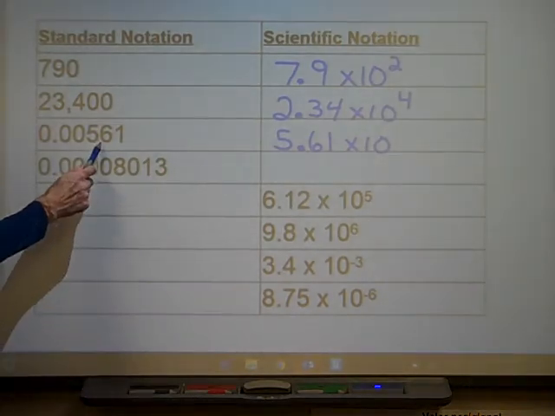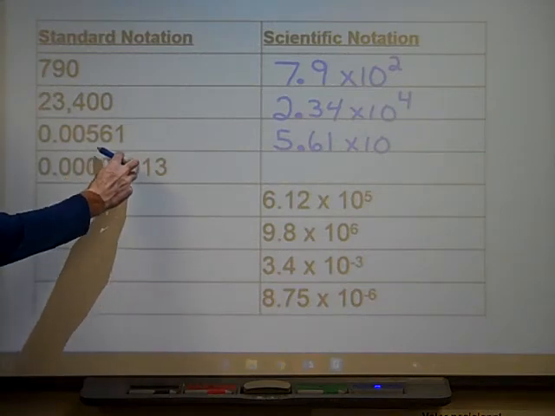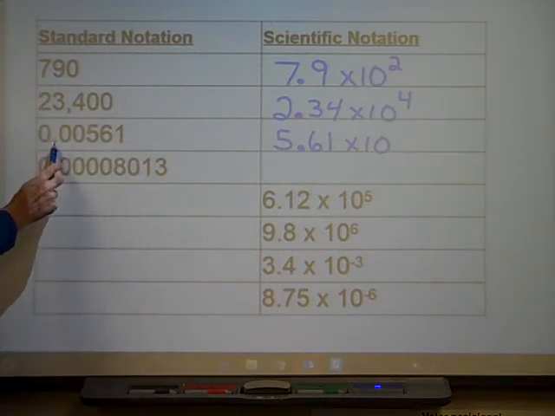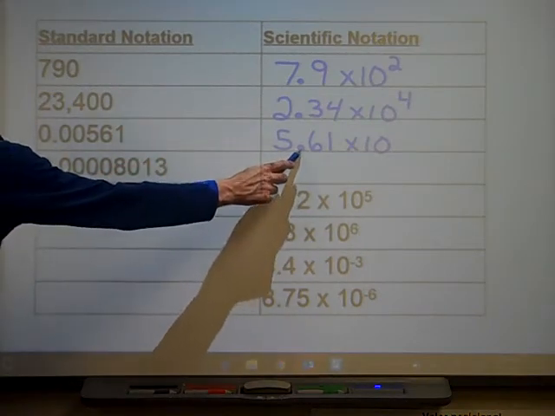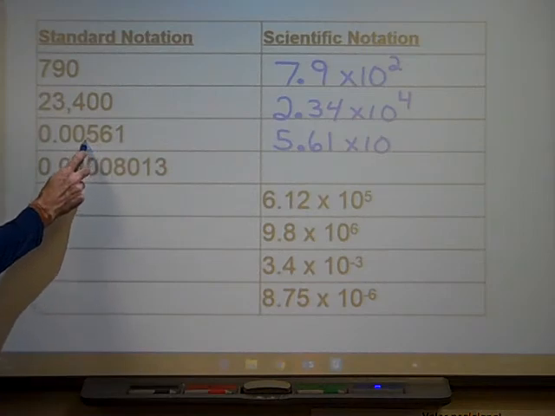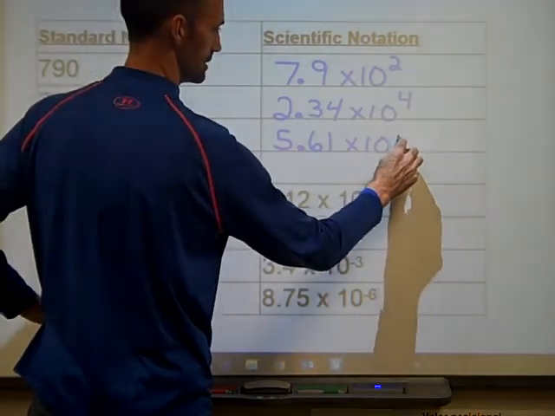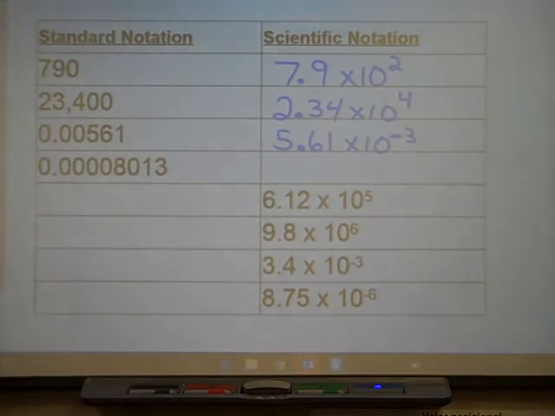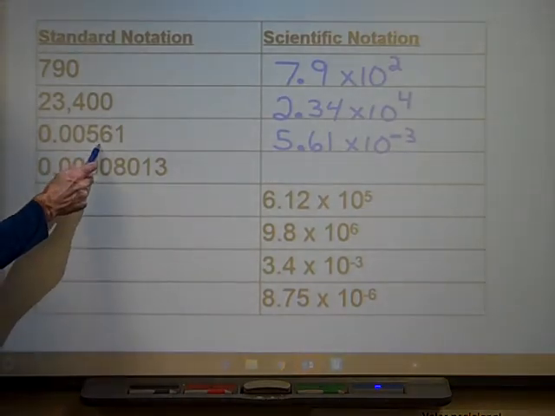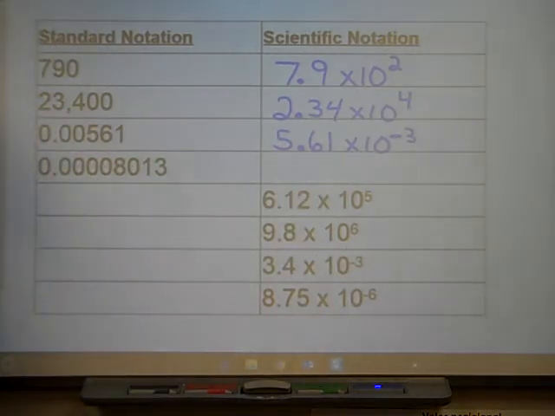This one is a little different because the decimal is here, and we're going to go to the left to where the decimal was. So we start here, right, it's after the 5, and we're going 1, 2, 3 numbers, 3 digits to the left. When we go to the left, it's a negative exponent. So 5.61 times 10 to the negative 3.